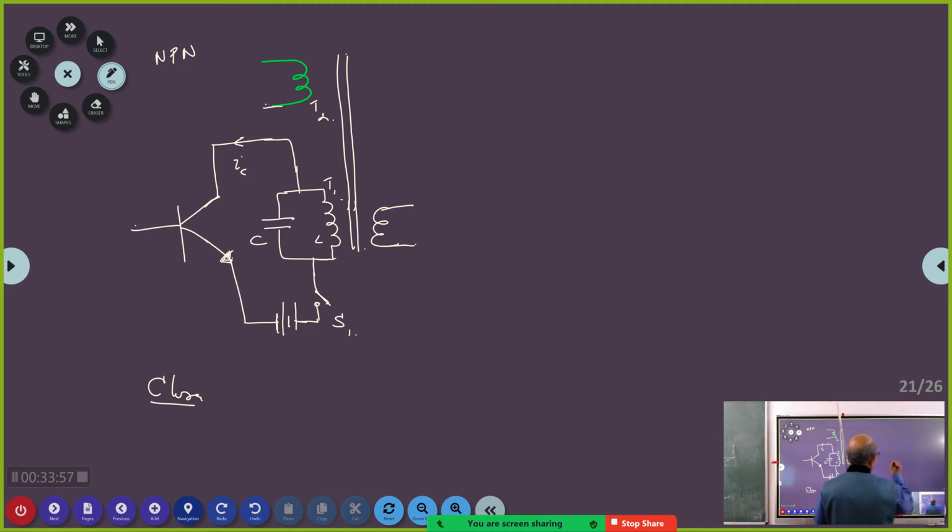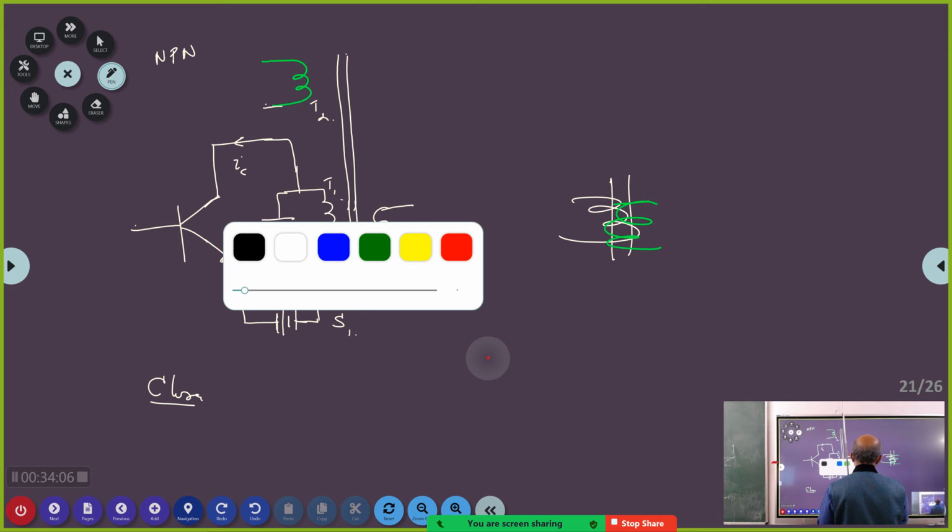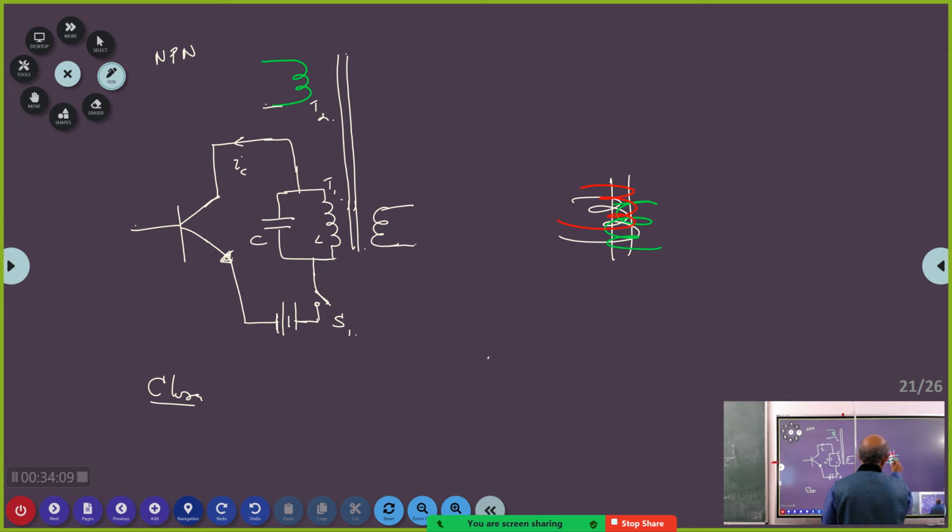That means I have got a core on which there is winding number 1, winding number 2, and also winding number 3. Got it? All the 3 windings are on the same core. Understand now? It is there in your syllabus.